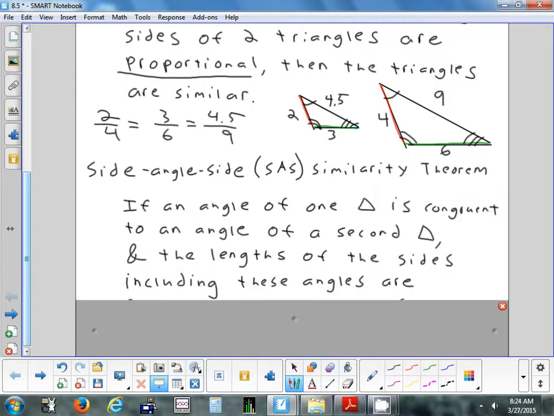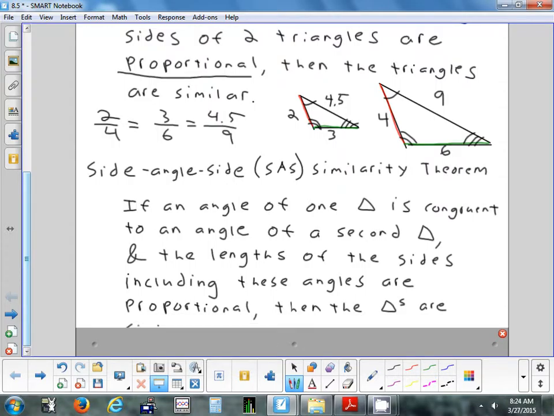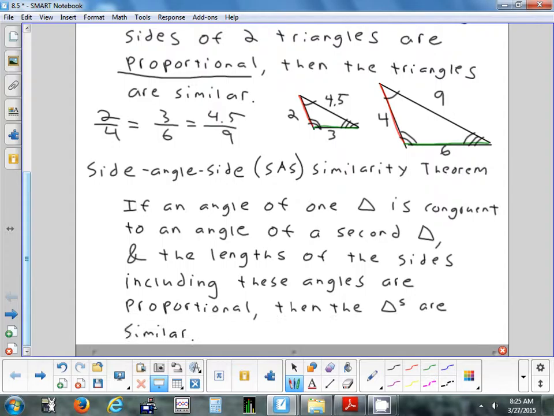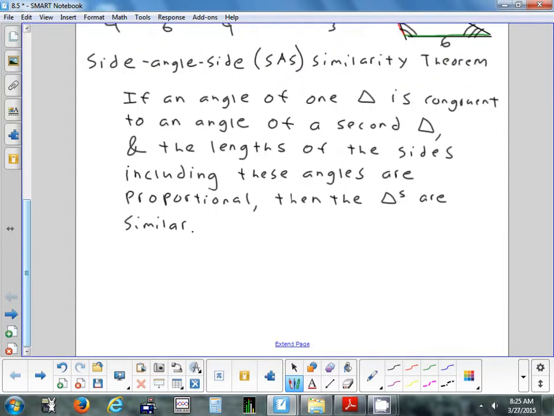In this one, you don't have to know all the sides. You got to know 2 of the sides and 1 of the angles. It says, if an angle in one triangle is congruent to an angle in a second triangle, and the lengths of the sides including that angle, in other words, the sides that make up the angle, are proportional, then the triangles are similar.